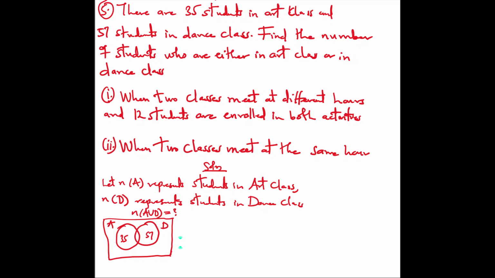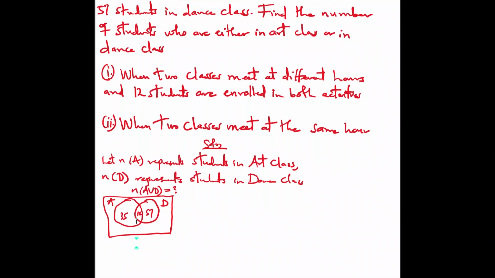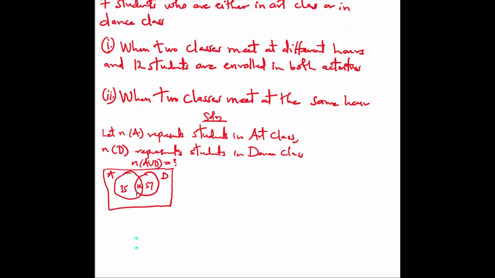That's what we are looking for. Then we have A intersection D. In the first question, it says when the 2 classes meet at different hours and 12 students are enrolled in both activities. So for both activities, that's A intersection D, that's 12. So this side is 12.